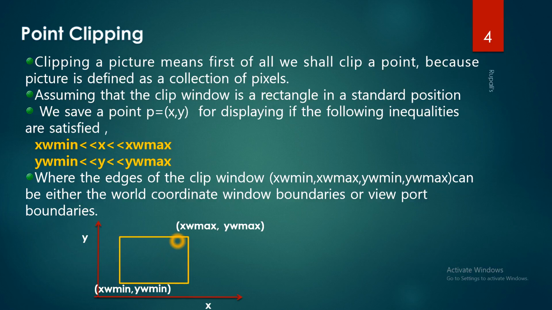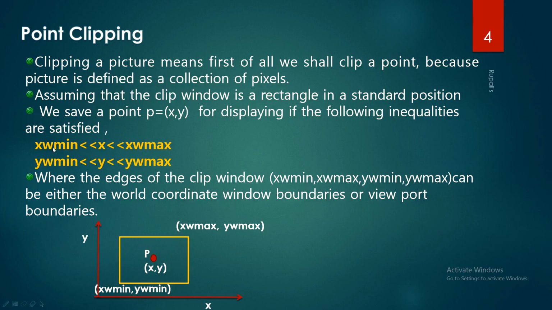Now we have a point P(x, y). So this is a point inside the window. For displaying, the following inequalities must be satisfied. So we can display P if these inequalities are satisfied. That is, this x coordinate is in between xw min and xw max.